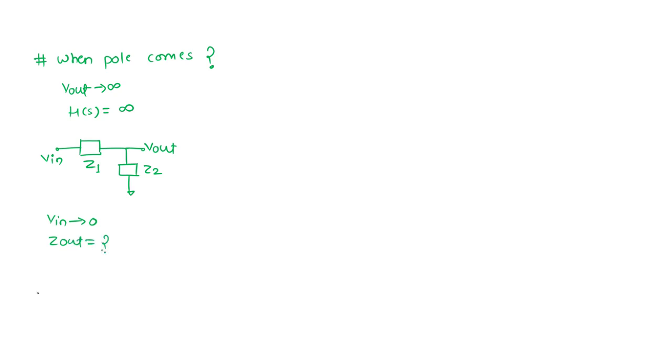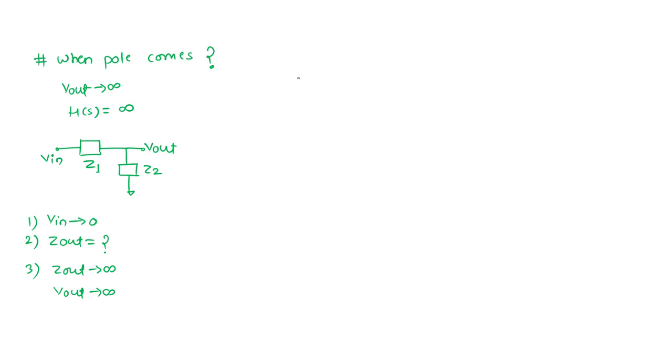Then make this Z out infinite, and once this Z out is infinite, my V out is infinite. So this is the procedure. These are the steps that I will do: first step, second step, third step. So with these three steps, we'll get the pole.